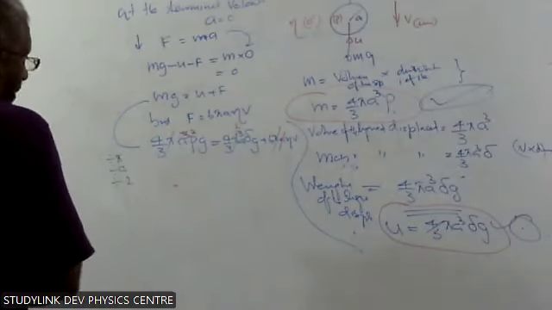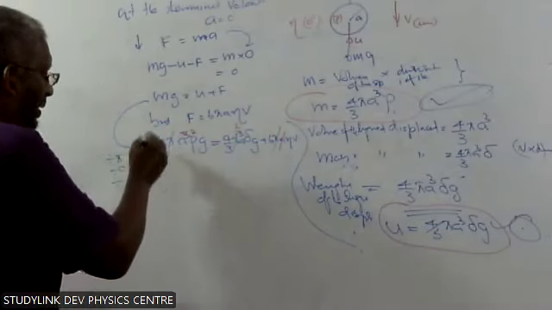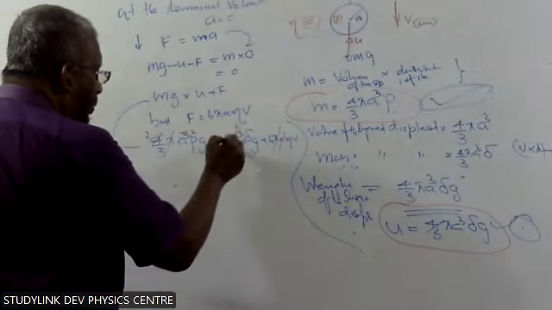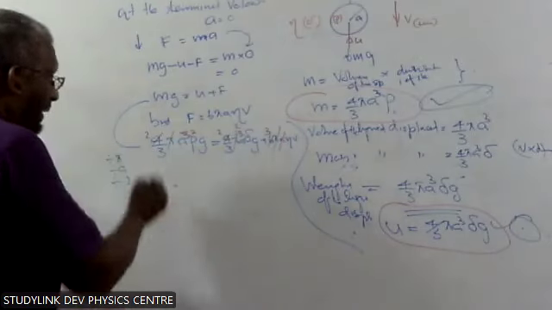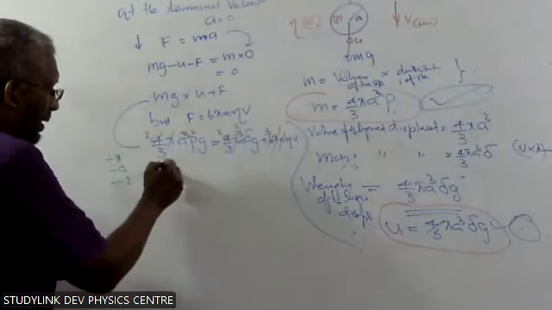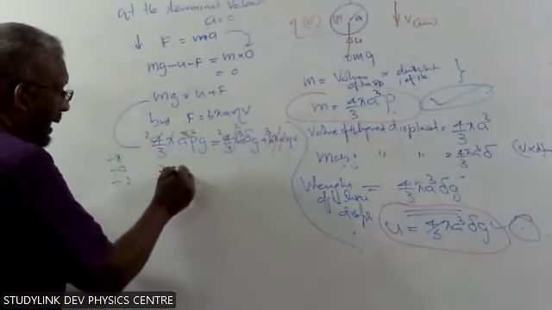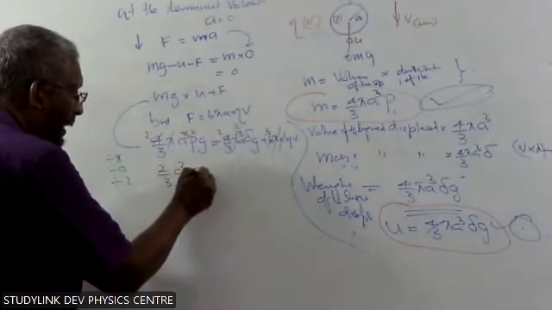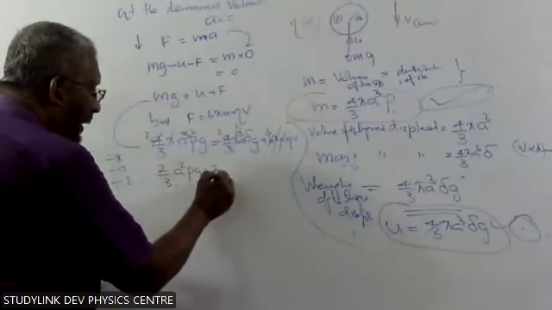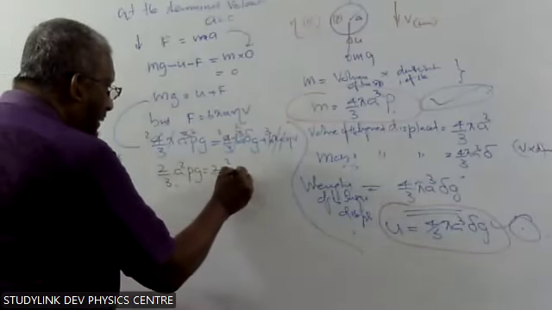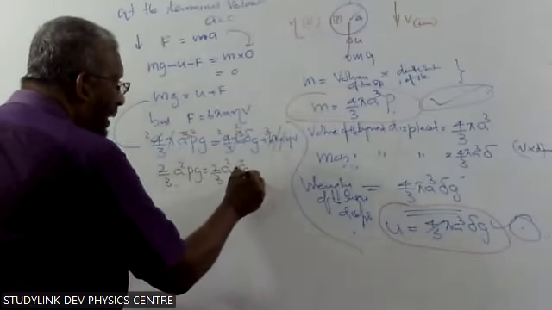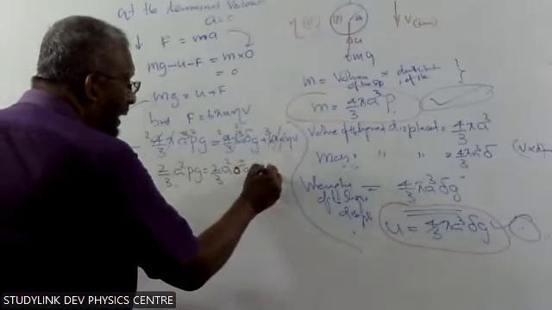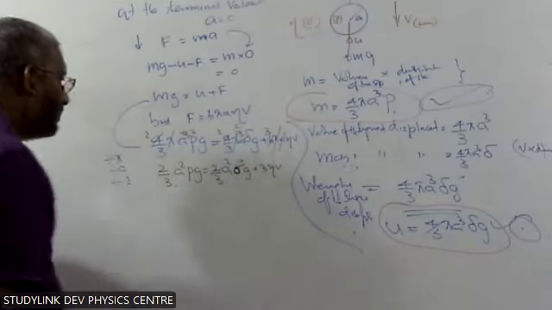When you divide it by 2, here you get 2, here you get 2, here you get 3. Then the equation becomes 2 by 3 a squared rho g is equal to 2 by 3 a squared sigma g plus 3 eta v.